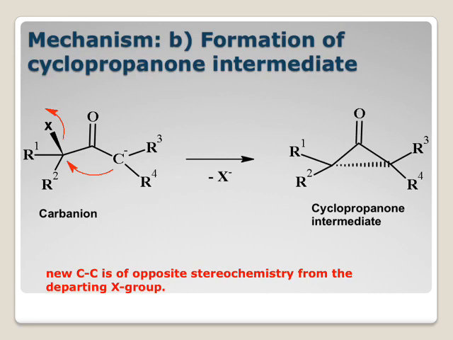So we can say there will be a backside attack, and the new carbon-carbon bond is formed with opposite stereochemistry from the departing halogen group. Here you can see on the halogen we have a solid wedge bond, while in cyclopropanone we have a broken wedge bond. That means they are of opposite stereochemistry. So we get this cyclopropanone intermediate.